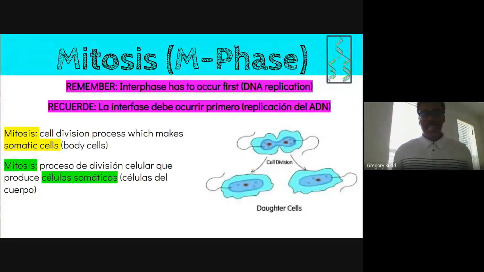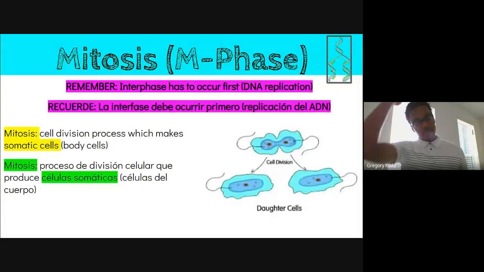All right. So here's what I want you guys to write down. Keep in mind, mitosis is the M phase, which means it happens second. It happens after interphase. We need to replicate the DNA before we can undergo mitosis.